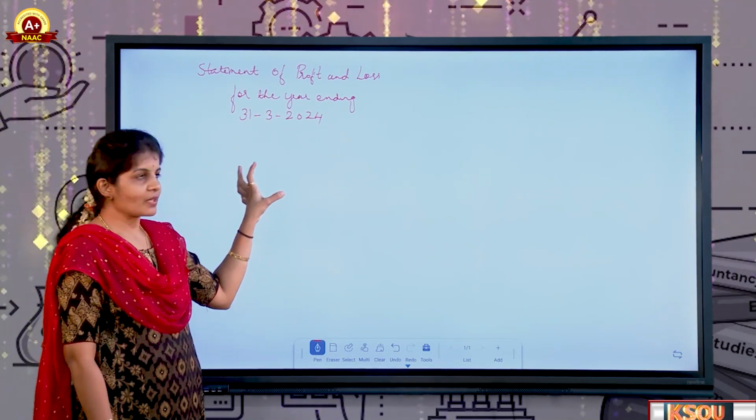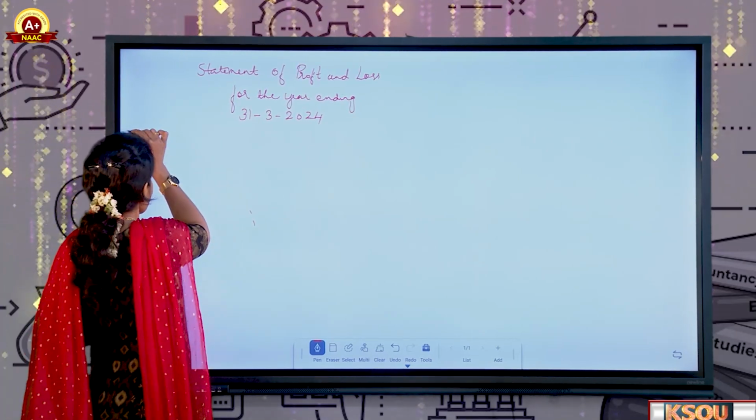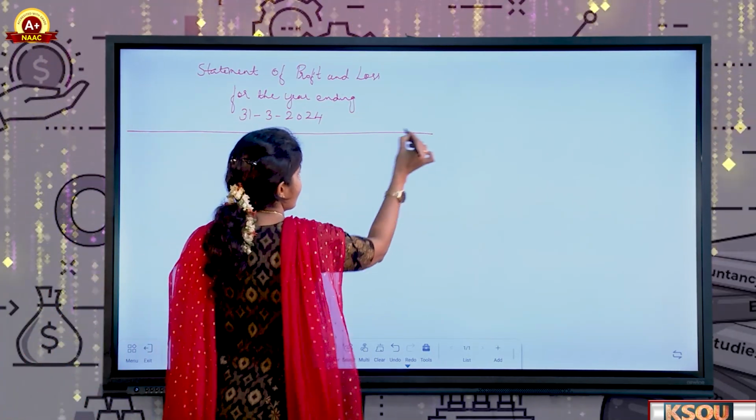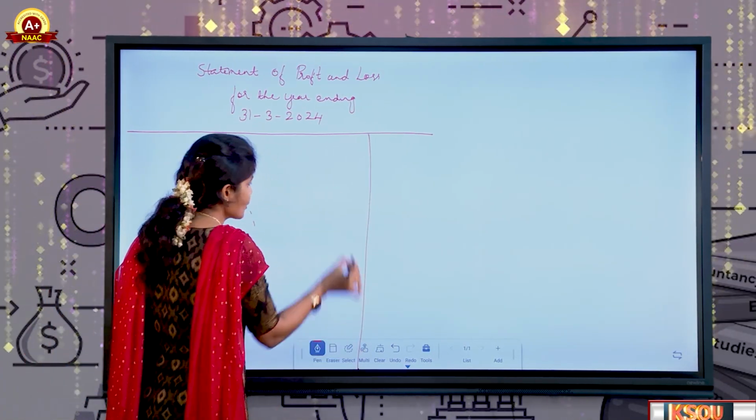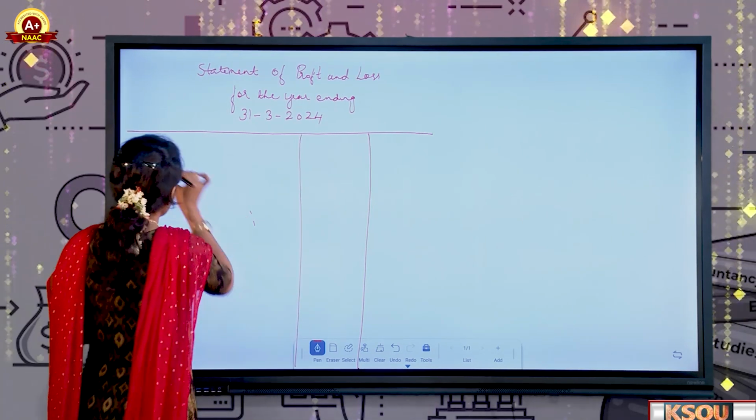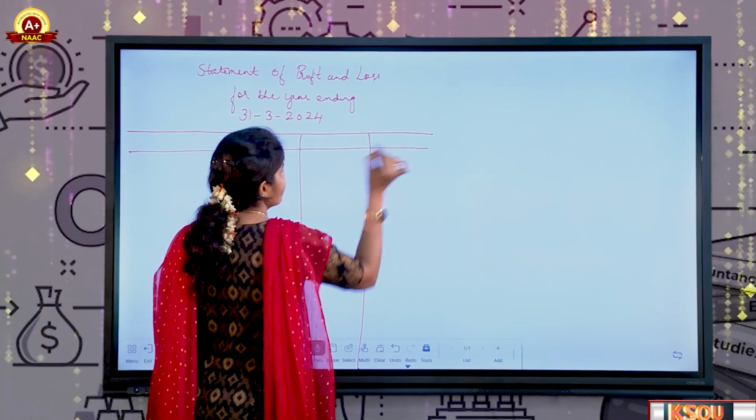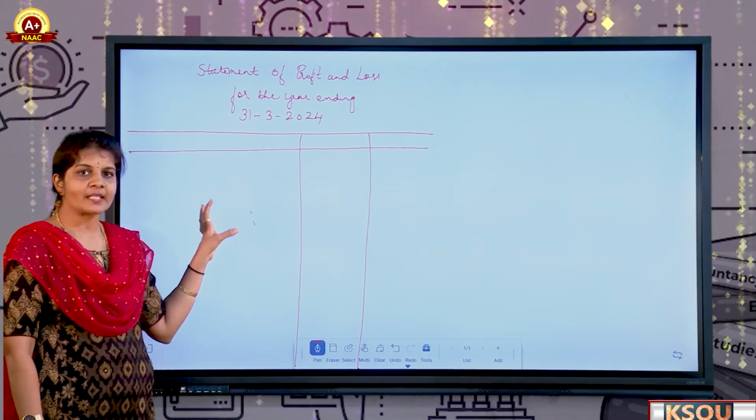Let us learn about this format. The vertical format of this statement of profit and loss, we do not mention anywhere debit or credit.